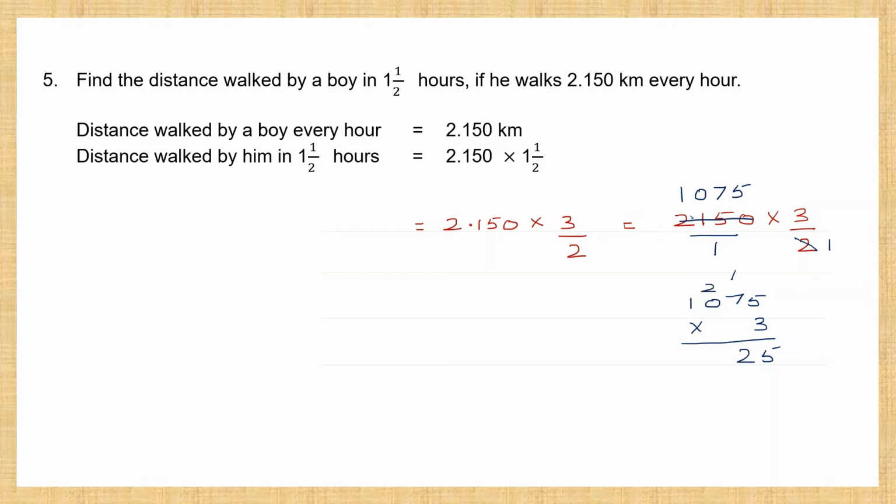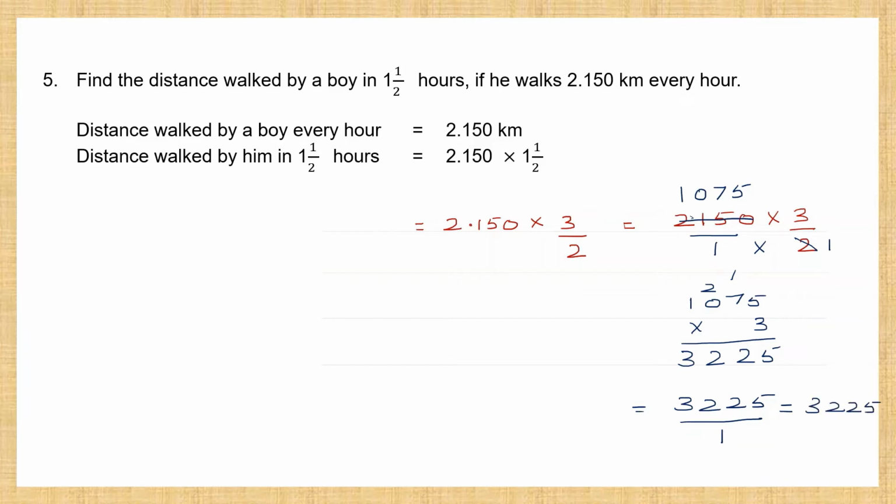Carry 2. 3 zeros are 0 plus 2. 3 ones are 3. So I have got 3225 as my numerator. Denominator 1 into 1 is 1. So this number 3225 will be the same.